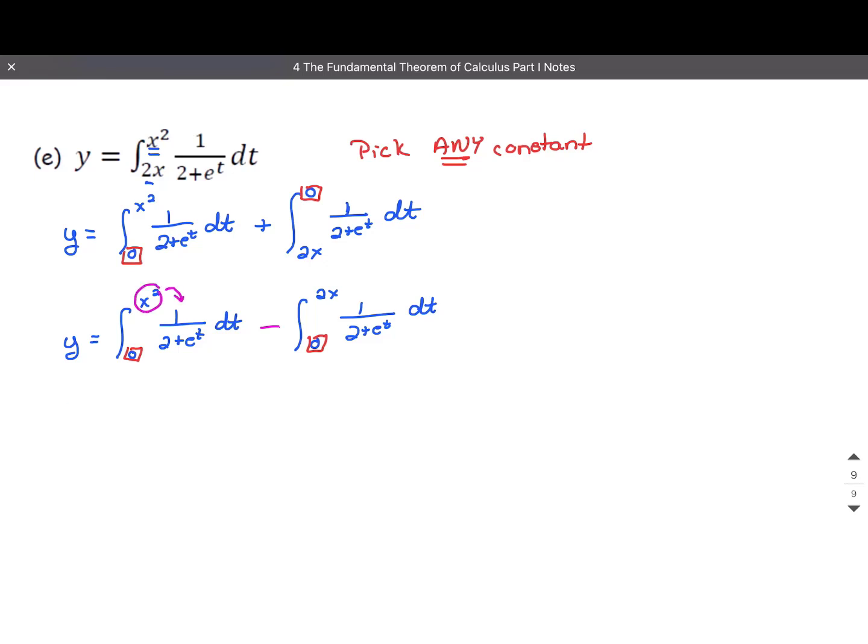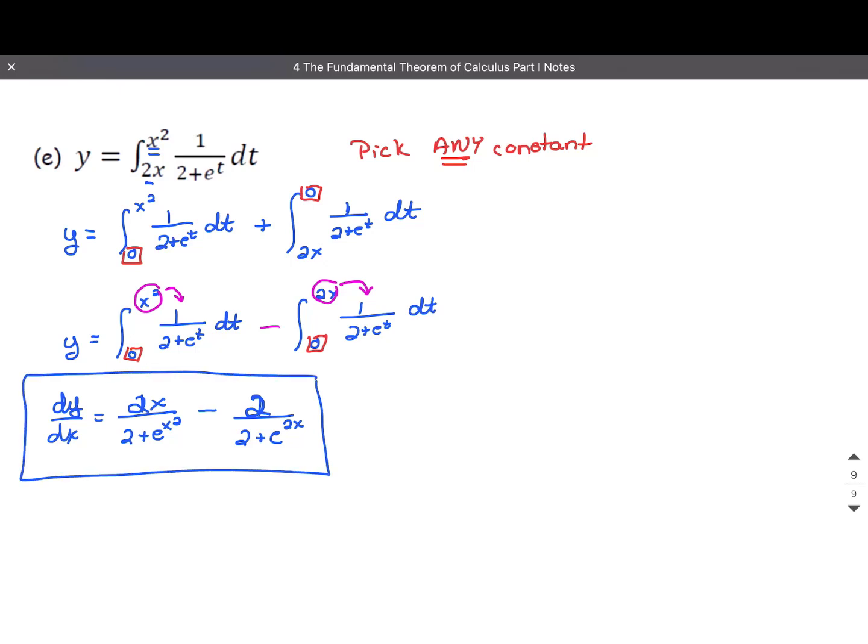So my derivative of y, dy/dx, I'm going to substitute in that x squared, so it's 1 over 2 plus e to the x squared times the derivative of x squared, which is 2x. Minus, now this time I'm going to substitute the 2x in. So it's going to be 1 over 2 plus e to the 2x times the derivative of 2x, which is 2. And now I have my answer.